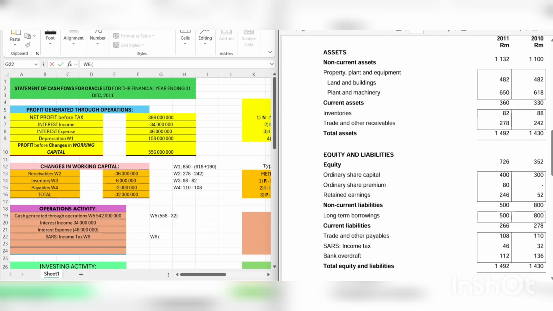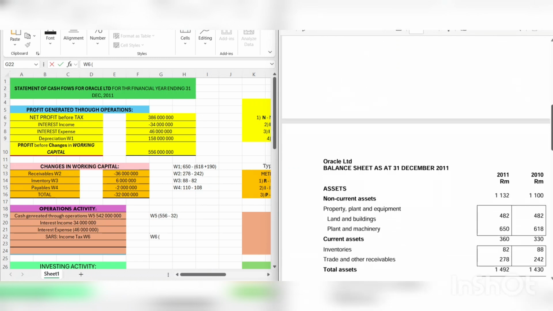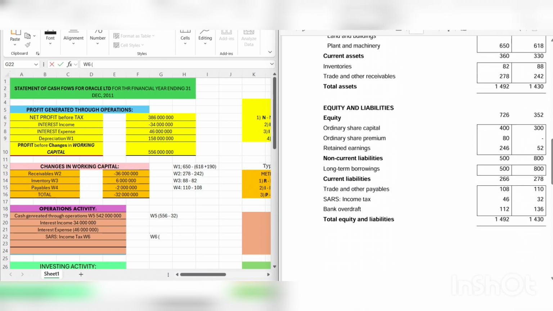And so when we're calculating it, it's always going to be your second amount, your current year, 2011, minus 32 plus your income tax that was given above, 92.